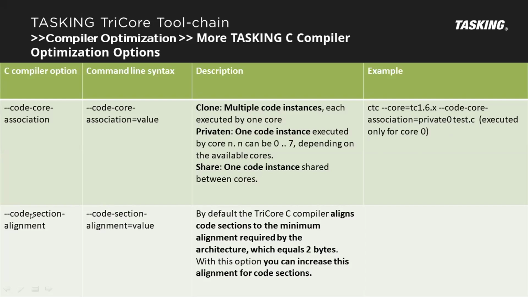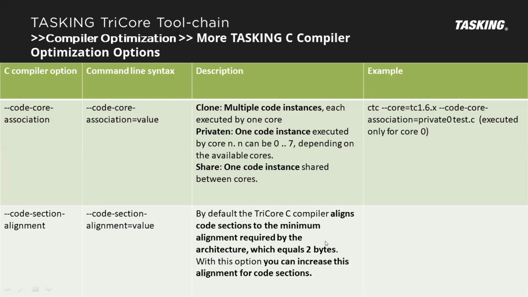All right, so this option here is called code section alignment. And again, from its name, it provides alignment for the section of the code. By default, the TriCore tasking compiler will align the code section to the minimum alignment requirements required by the TriCore, which is, by the way, 2 bytes.